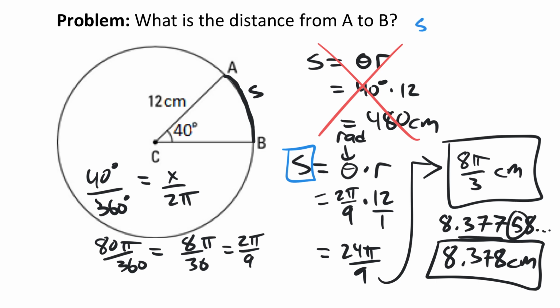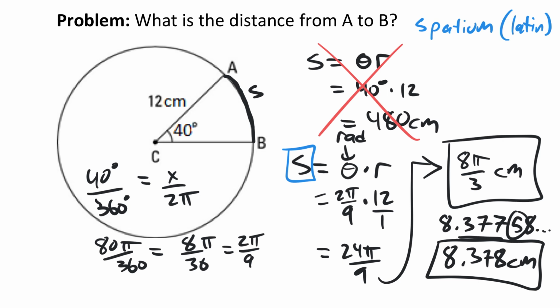S comes from the Latin word spatium. I'm not sure if I'm pronouncing that right, but that's a Latin word. And so the initial discoverers and namers of this formula, they really liked Latin. Maybe they spoke Latin.